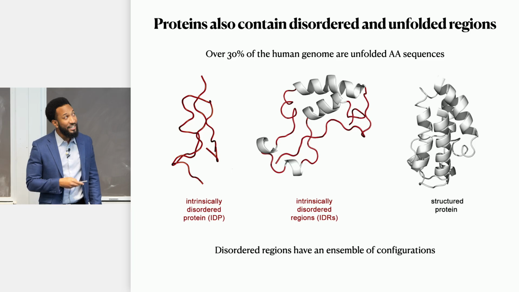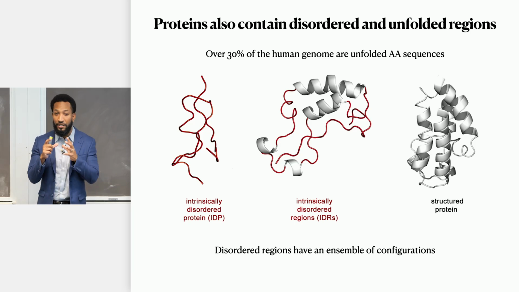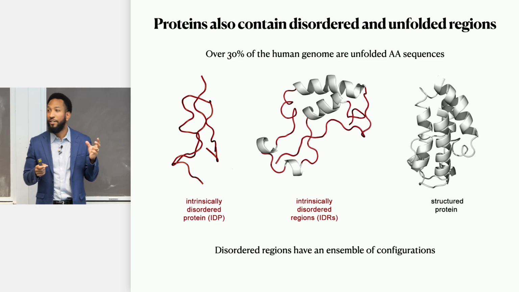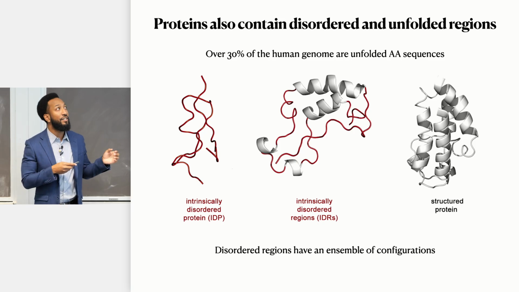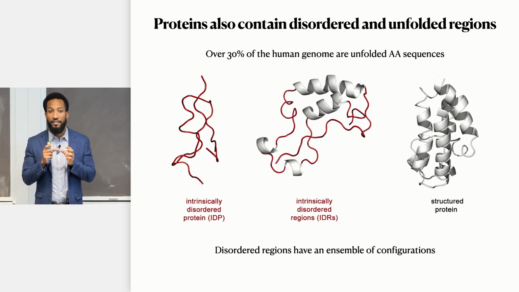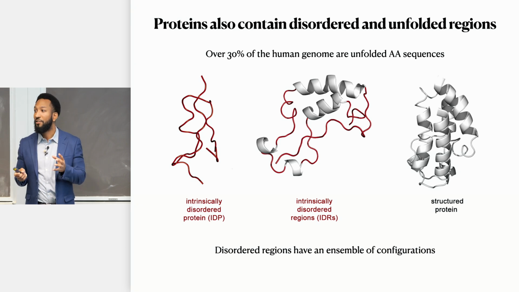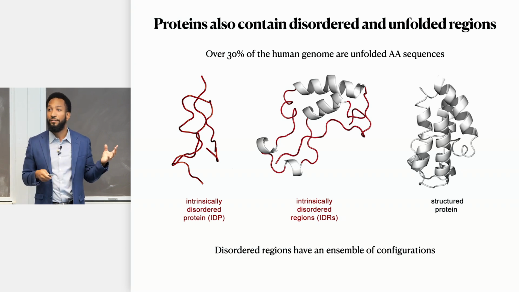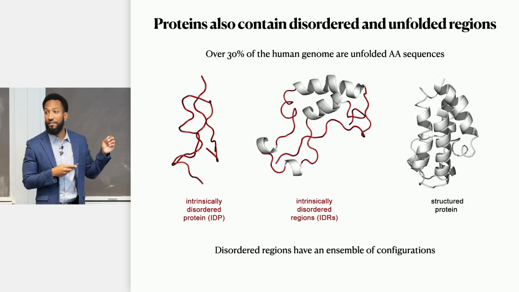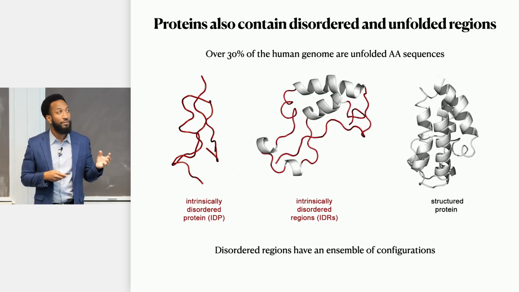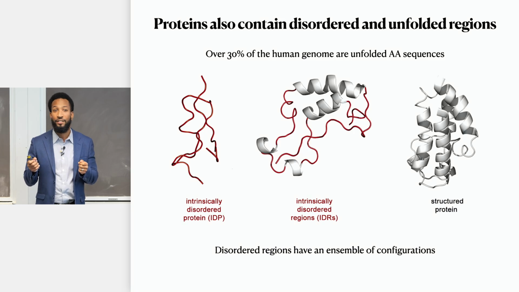They don't actually take a specific configuration. In X-ray crystallography, this is how you would visualize structures like this. They would make a crystal out of the protein and shoot X-rays at it to look at the structure. This works very well for folded domains, like the alpha helix, but it doesn't work for the disordered regions, because they do not take on one configuration; in fact, they're dynamic.